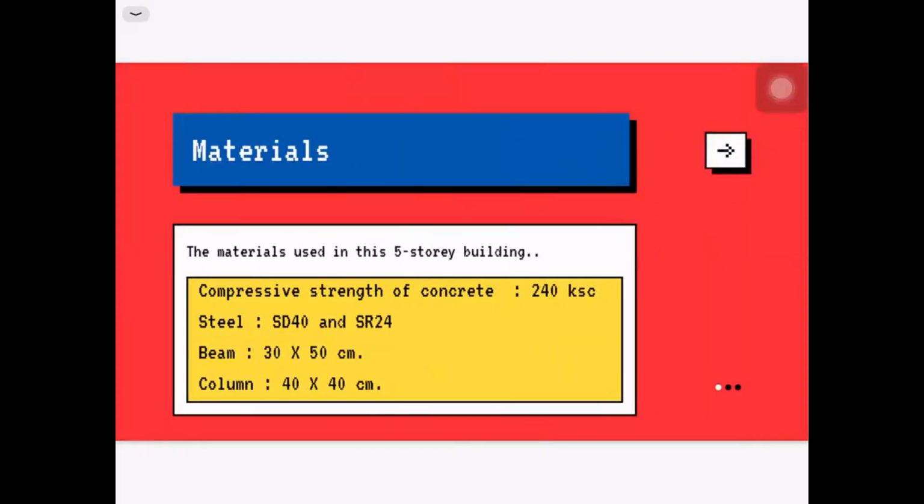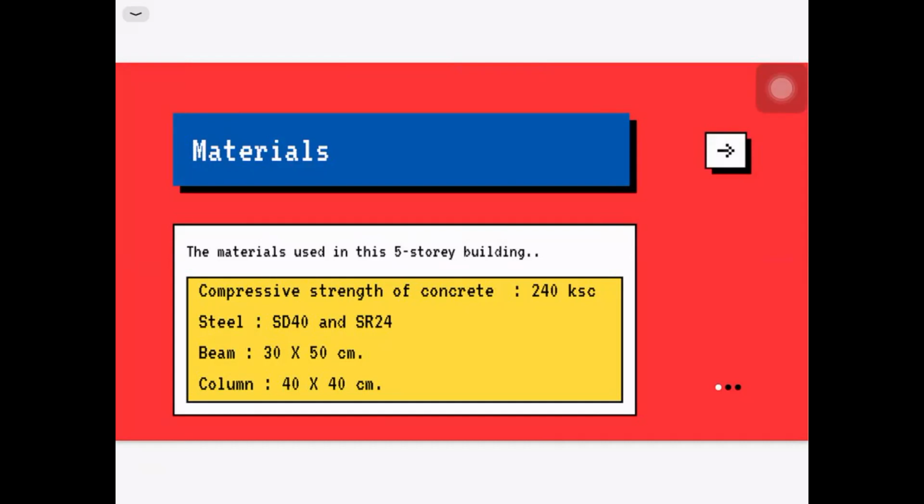For the materials of this building, we use 240 kilograms per square centimeter compressive strength, and for the steel grade, we use SD40 and SR24 steels. These materials are used for all reinforced concrete sections.